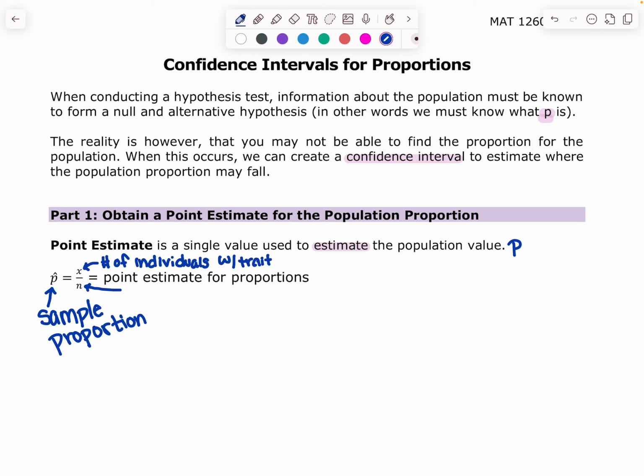And N is the sample size. So this is our point estimate, our starting point to then build our confidence interval around this value. So this is the idea of what we're going to do to create our confidence intervals and our starting point for those confidence intervals.